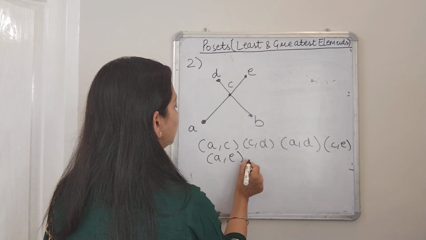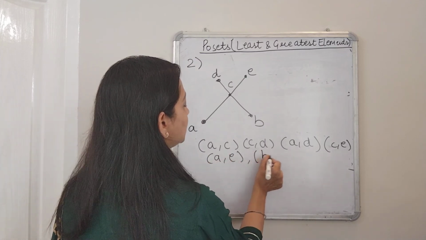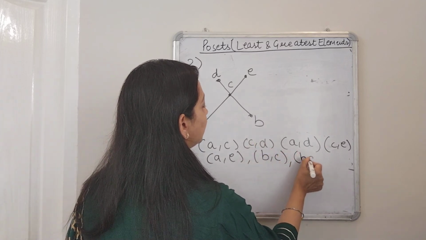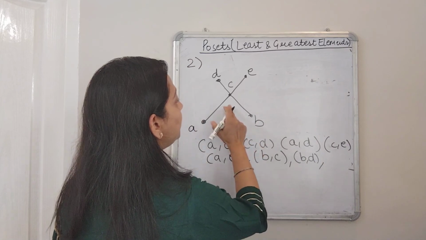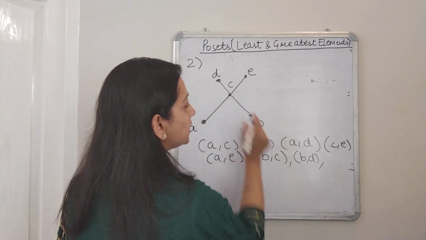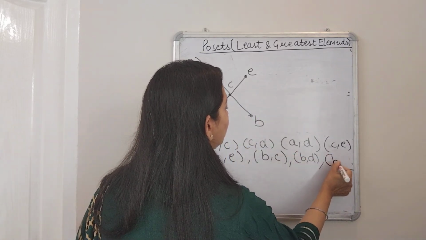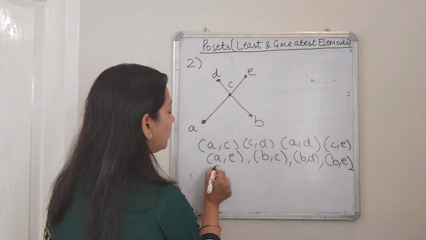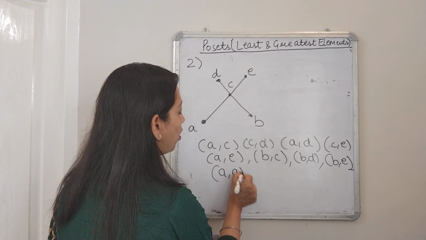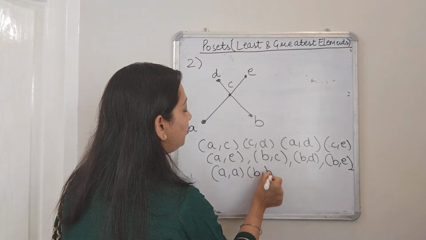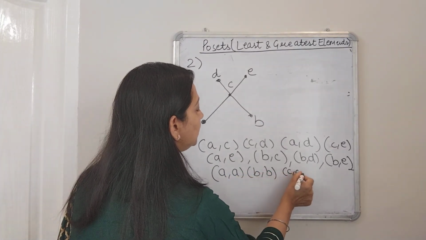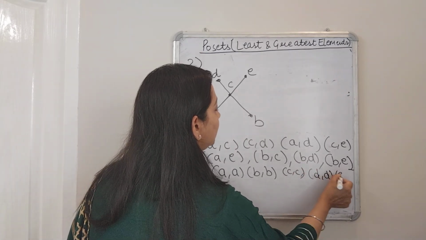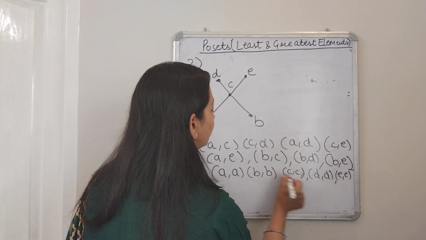Then B is connected to C and C is connected to D, therefore B is also connected to D, and B is connected to C and C is connected to E, therefore B is also connected to E. Also, as per reflexivity, the ordered pairs AA, BB, CC, DD and EE exist here.